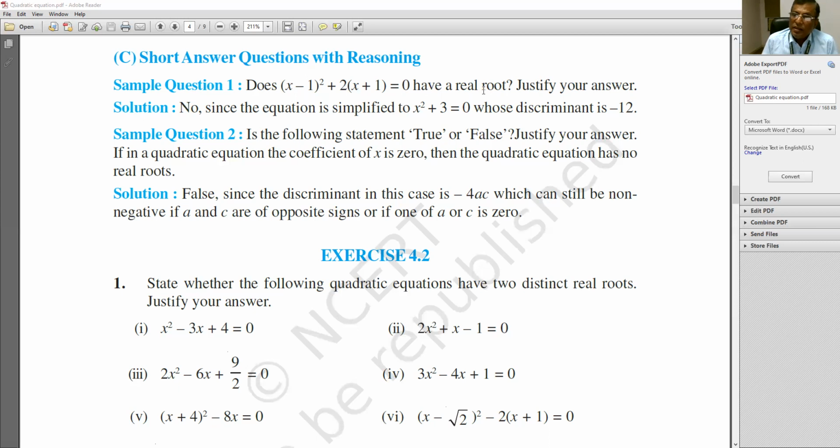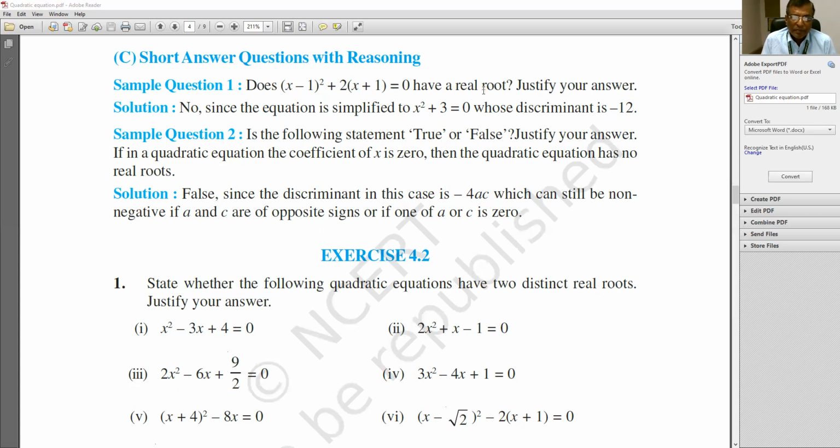You have to find the discriminant, the value of capital D, that is b square minus 4ac, and you will find D is equal to minus 12, that is less than 0. So in case of negative discriminant, you know the roots will be imaginary. So there is no possibility of finding any real root in this case. So this is the logic, this is the reasoning.